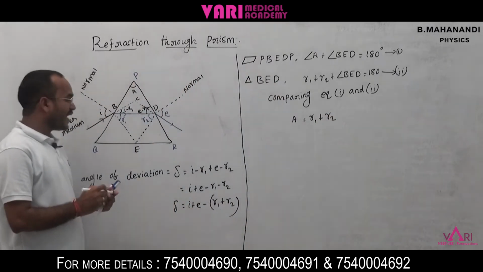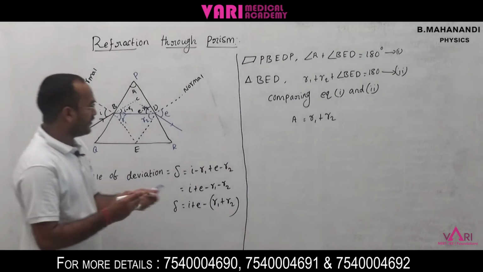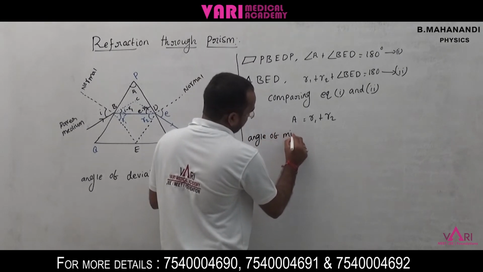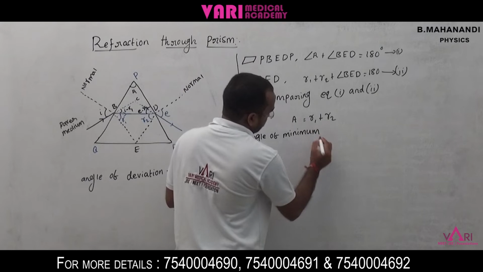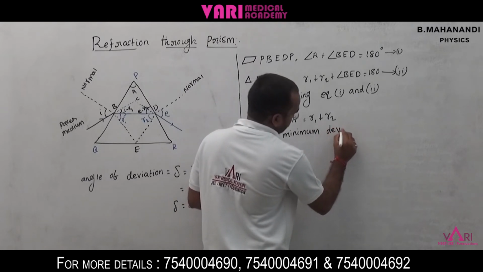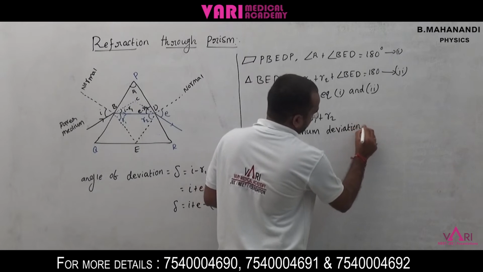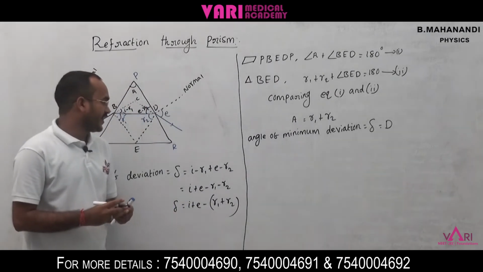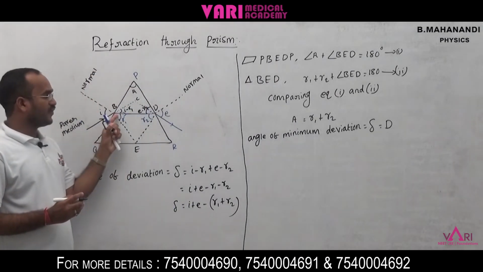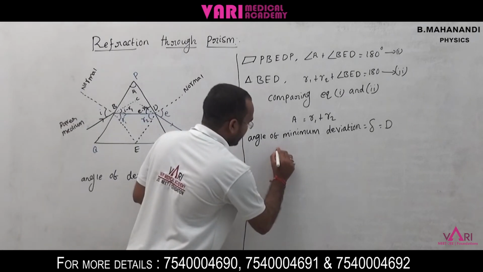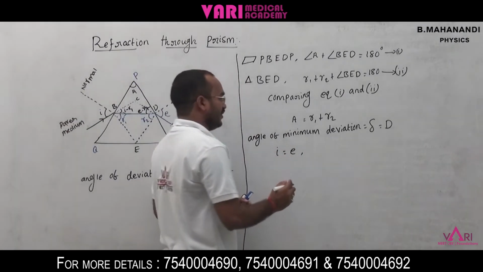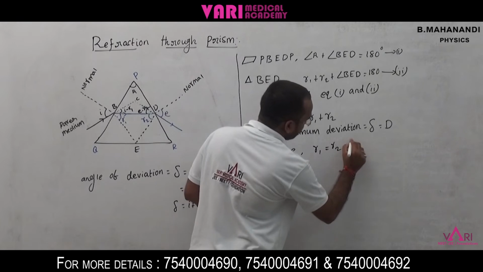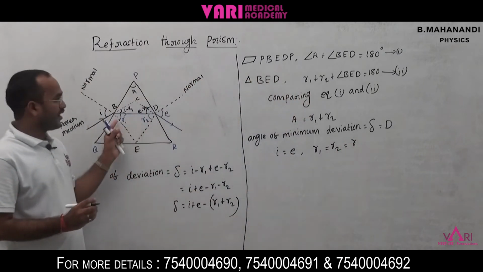Now what is the angle of minimum deviation? The angle of minimum deviation is represented by delta. I am choosing letter D. At the angle of minimum deviation, the incident angle is equal to the emergent angle, i equals e. That means the refraction angles r1 equals r2 equals r, all are the same.